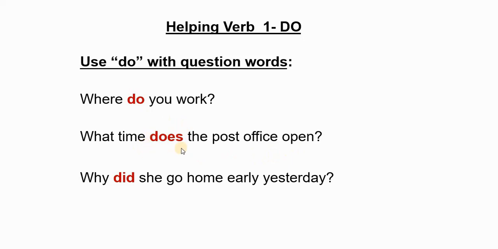So here, does comes after the question word what. Why did she go home early yesterday? So here, did is the past form of do and it comes after the question word why.